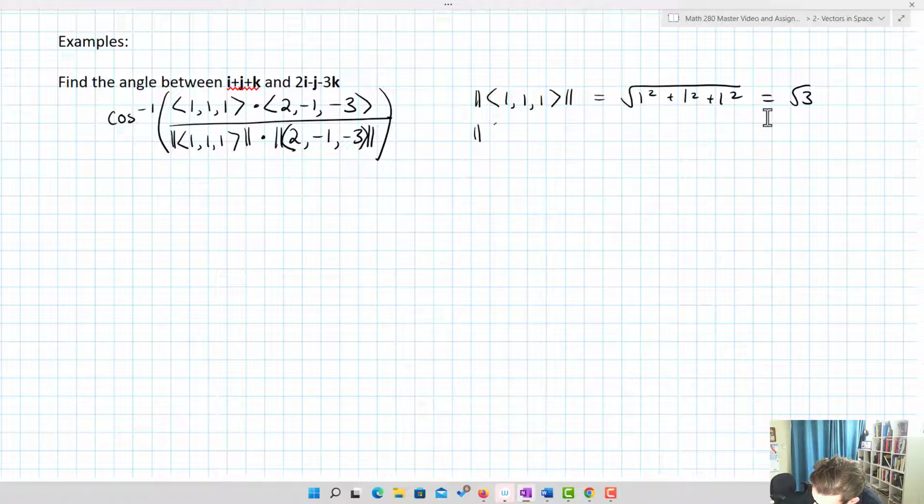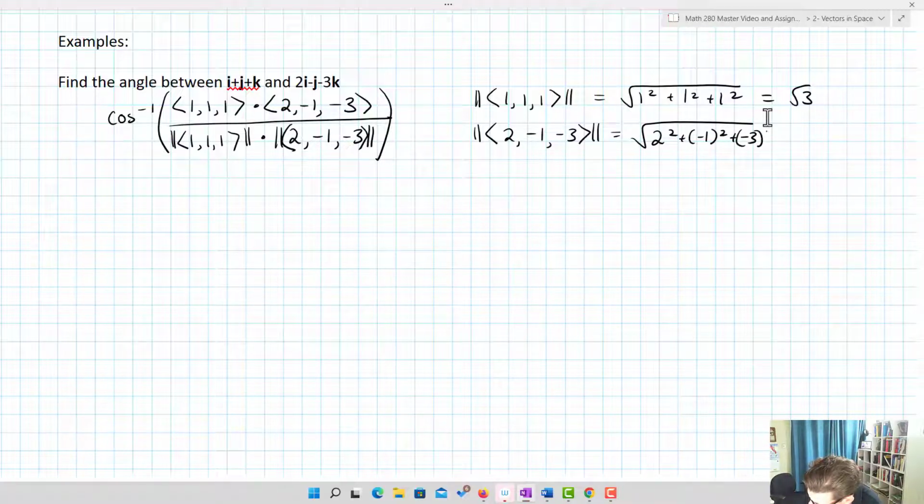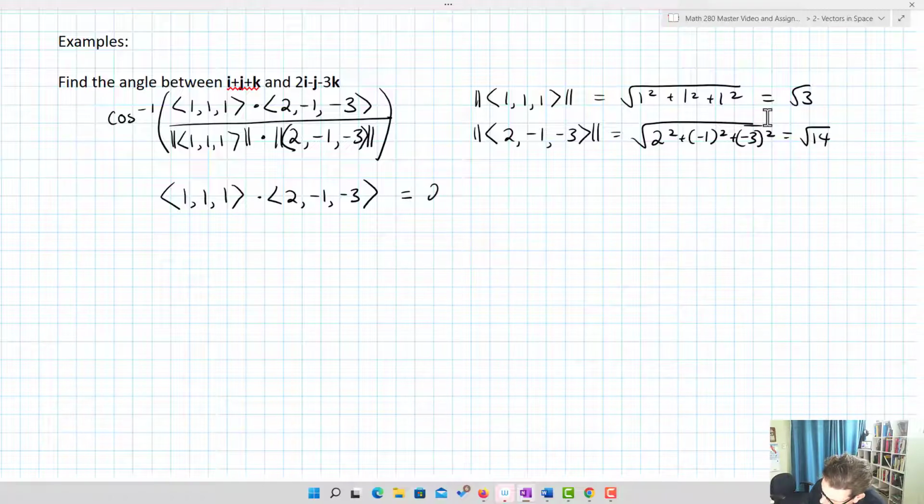The magnitude of 2, negative 1, negative 3 is equal to the square root of 2 squared plus negative 1 squared plus negative 3 squared, which ends up equaling the square root of 14. And then we'll take the dot product. We'll find that dot product, 1, 1, 1, dotted with 2, negative 1, negative 3, will end up equaling 2 plus negative 1 plus negative 3, which ends up equaling negative 2.